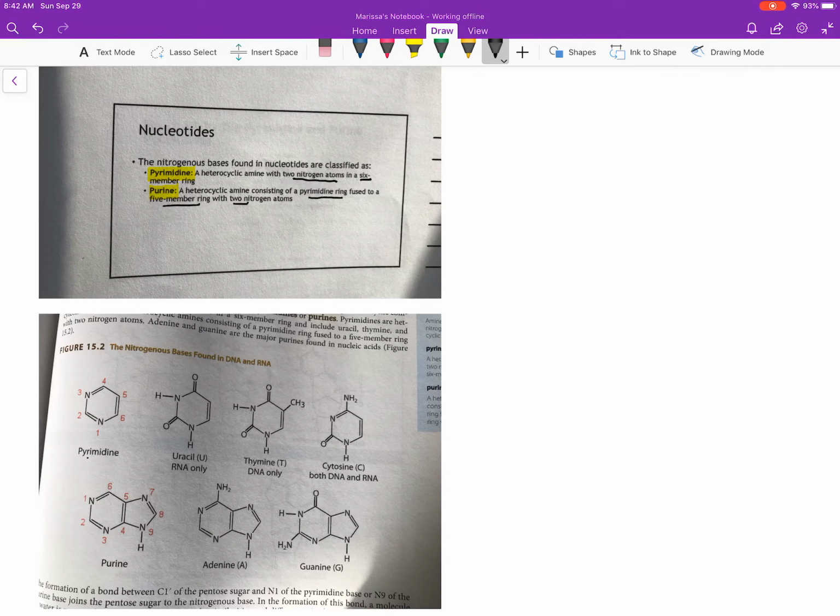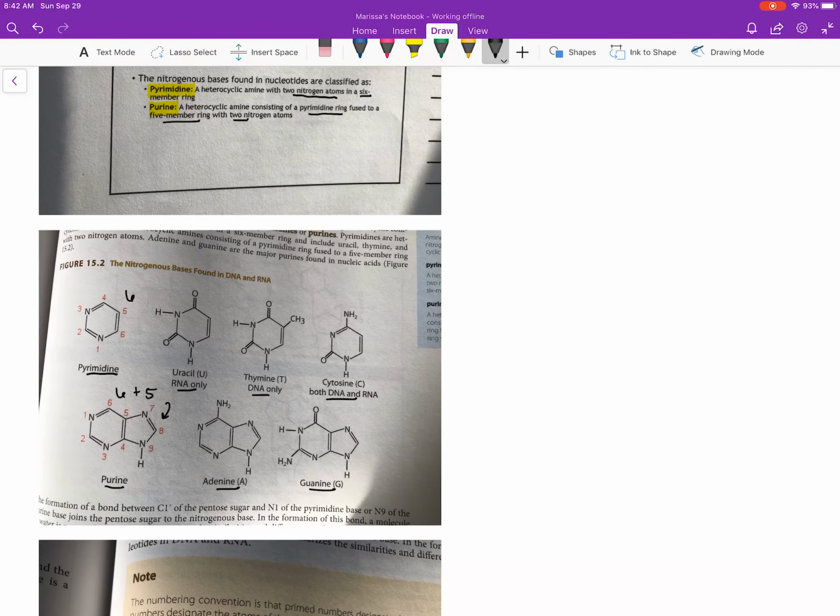So these are our pyrimidines. We have uracil, thymine, cytosine. And then the purine group has adenine and guanine. We can see here that this is our 6-membered ring, and then this is a 6-membered ring plus the 5-membered ring. So the purine groups are a little bit larger than the pyrimidine rings.